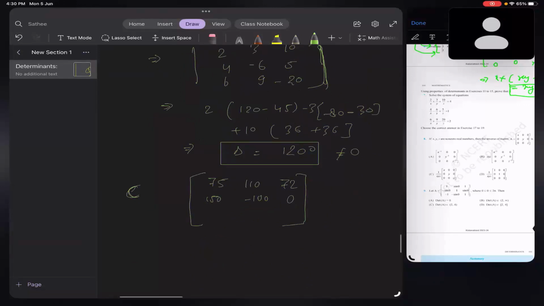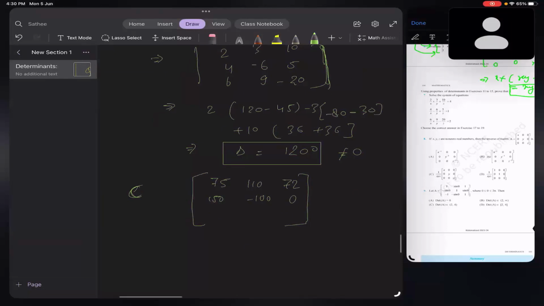This should be 0, and this should be 75, 30, minus 24. So our final A inverse would be 1 by 1200 and the transpose of the above C matrix. So this would be 75, 110, and 72. This would be 150, minus 100, 0, and this would be 75, 30, minus 24.